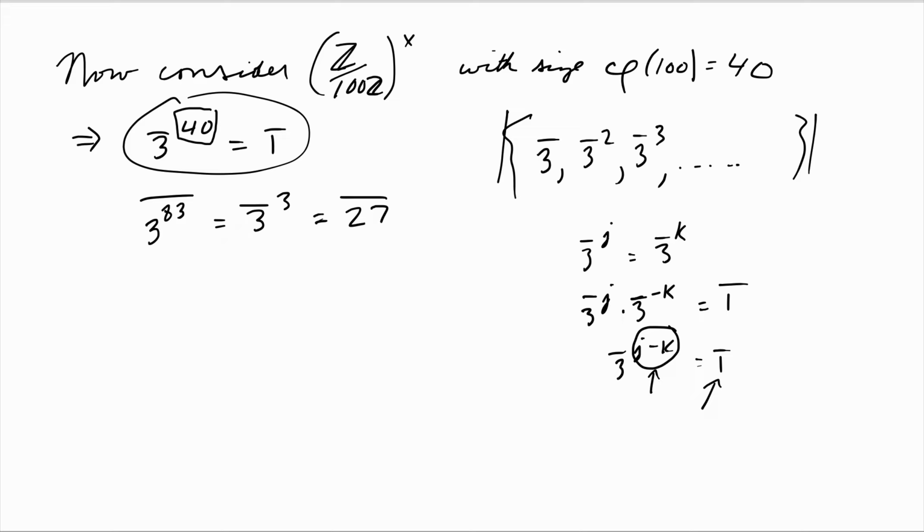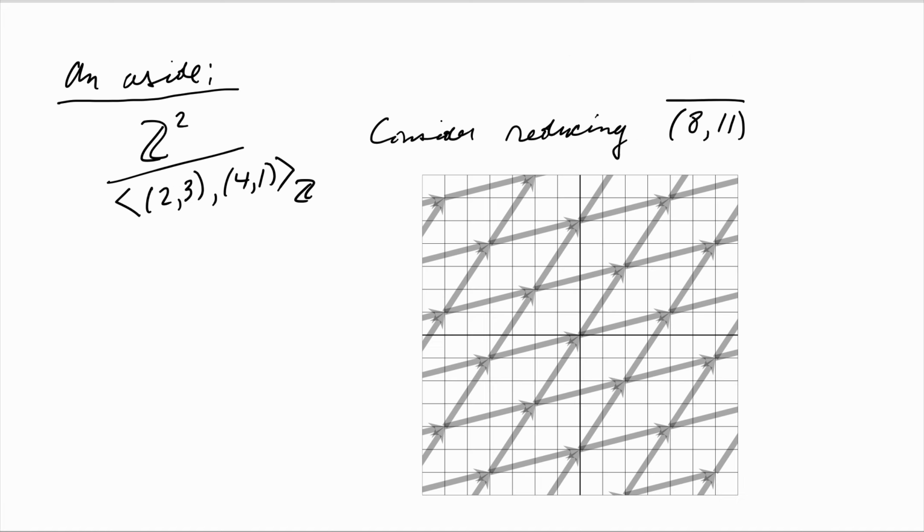Now here's just a little side note. Even when we're taking a Z module, like Z squared, coordinate-wise these are just integer pairs, points on the plane that have integer coordinates.